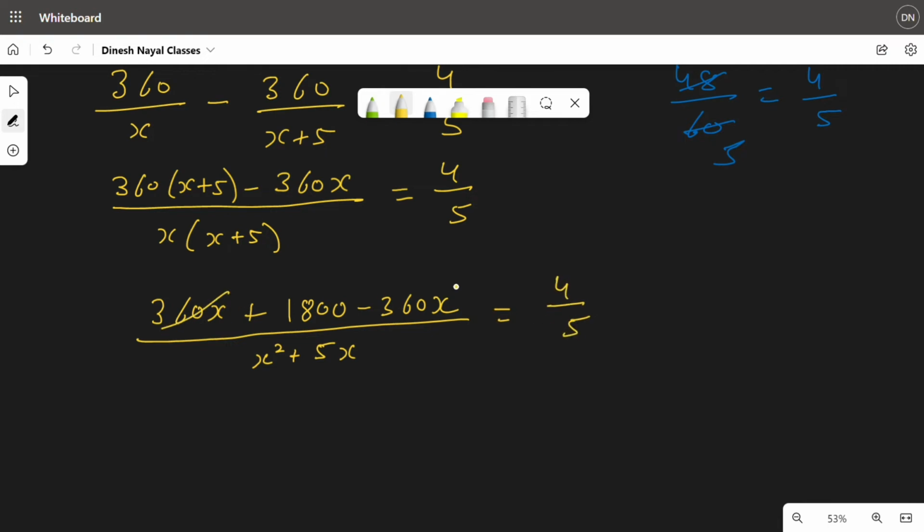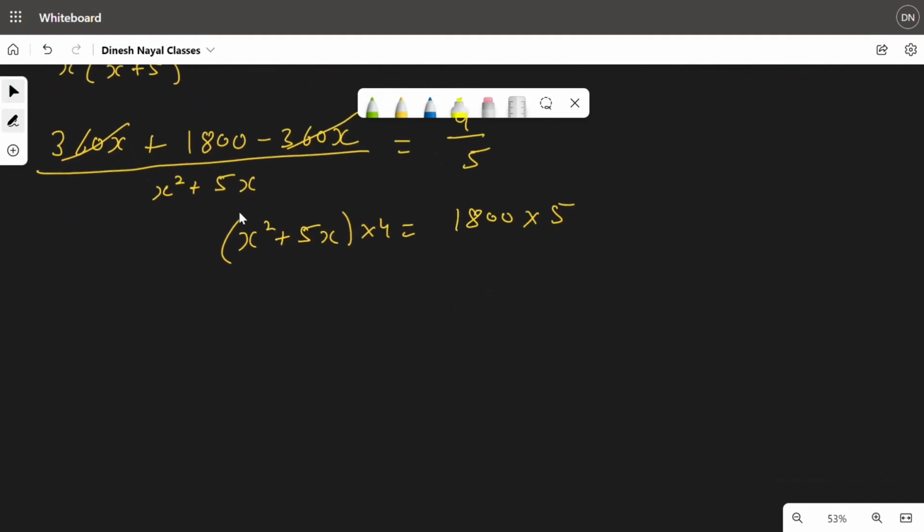As we can see, 360x and minus 360x will get cancelled, and now cross multiplying. So 1800 into 5, this will be x square plus 5x whole times 4, and this is equal to 1800 into 5, cross multiplication.